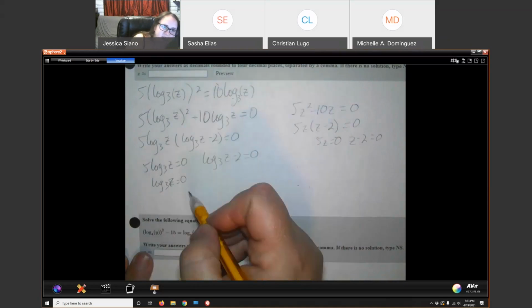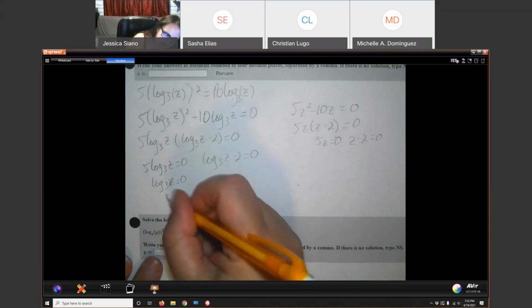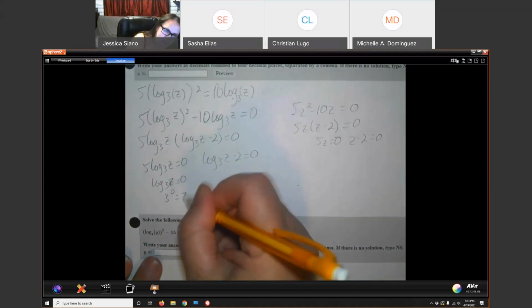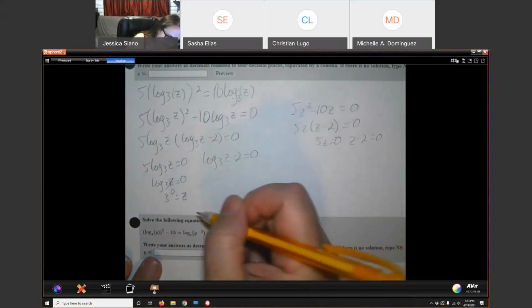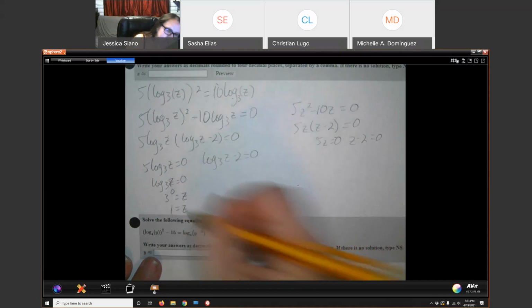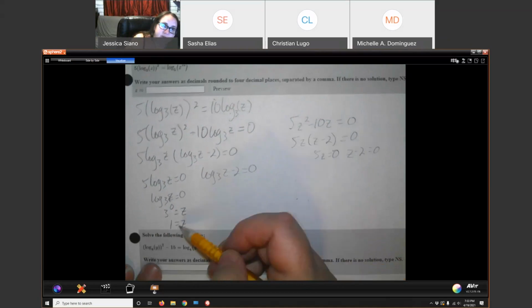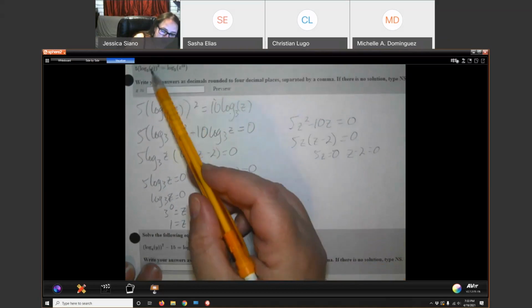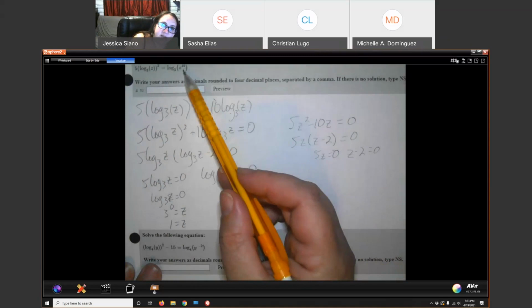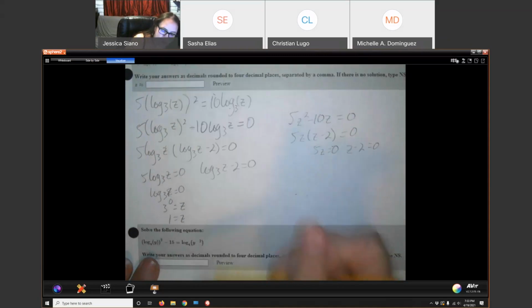And then we turn this into an exponential. So 3 to the 0 is z. And anything to the 0 power is 1. Take a second and check 1. I can plug a 1 in there. And 1 to the 10th is still 1. So that's positive. So I can plug it in there. So 1 is good.